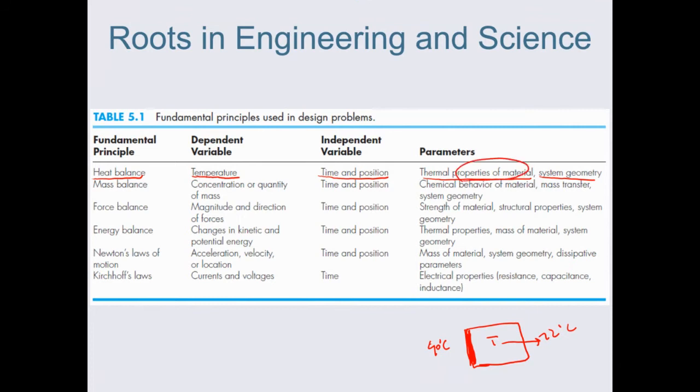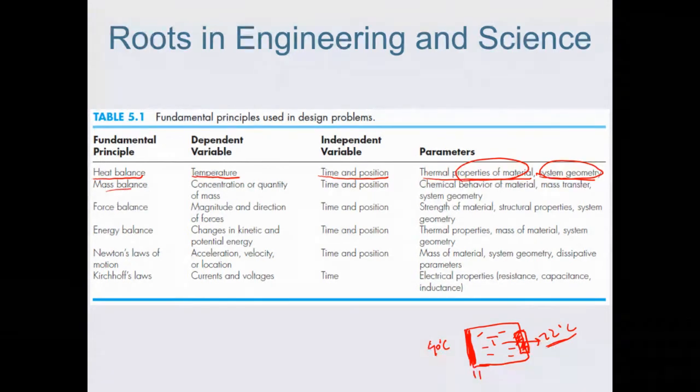So you need to find the thermal properties of the material. Or you want to know the thickness of the wall, so you need to find the system geometry. Or you want to find the temperature at different positions. If it is 40 here, and you have an air conditioner here which is trying to maintain the temperature at 22, these are what we call design problems.